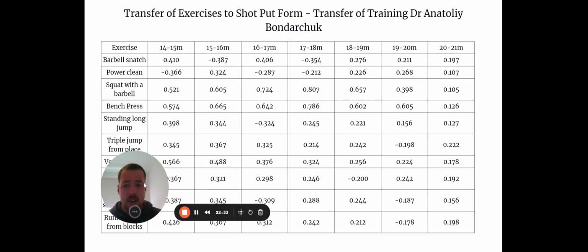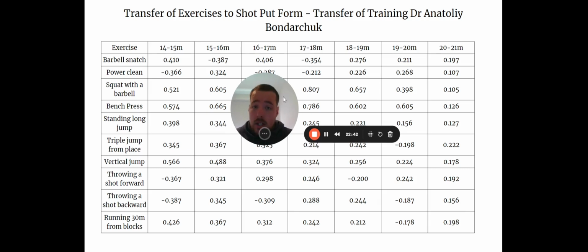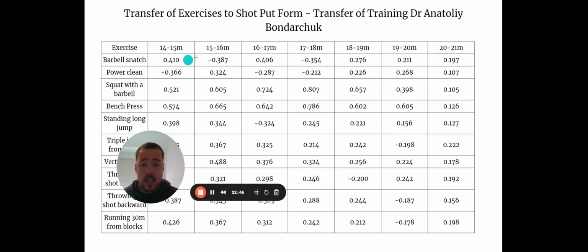And there's semi-evidence of this if you read any of Dr. Bondarchuk's books or any of the data he's collected in terms of exercise correlations to shot put form. You can see, if we look at the squat example or bench press example, if you're a beginner to an intermediate to a decent level shot putter, traditional lifting correlates to a decent degree, okay?